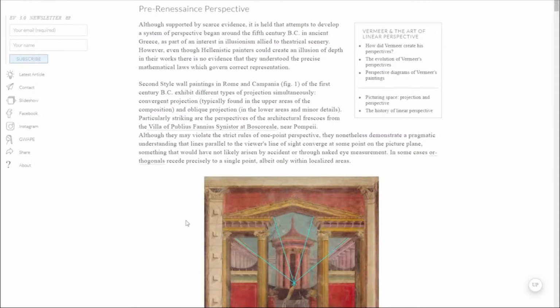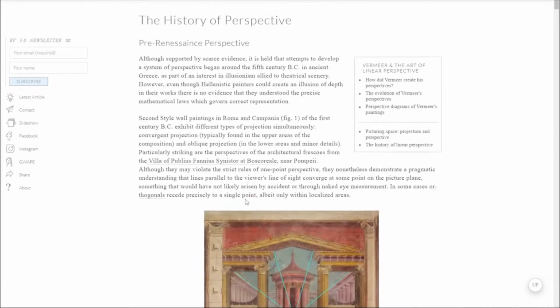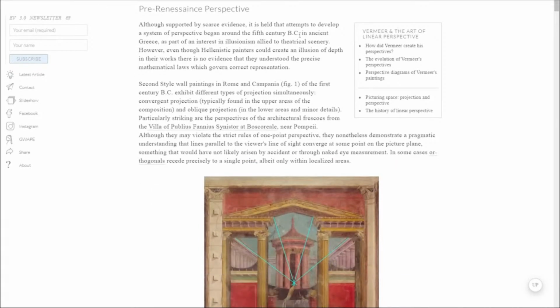Okay, if you search Google about the history of perspective, you can easily find one of these pages. It shows how old perspective is and when humanity discovered it.